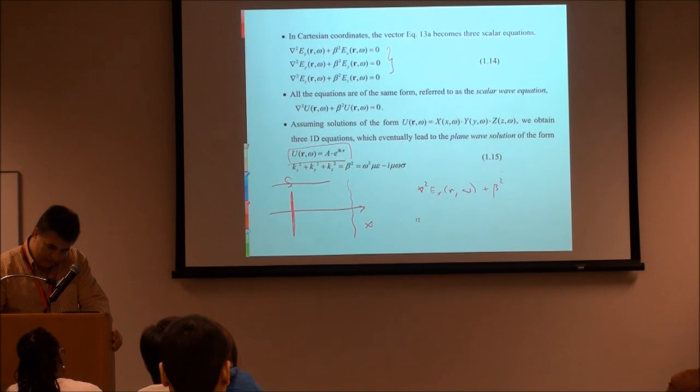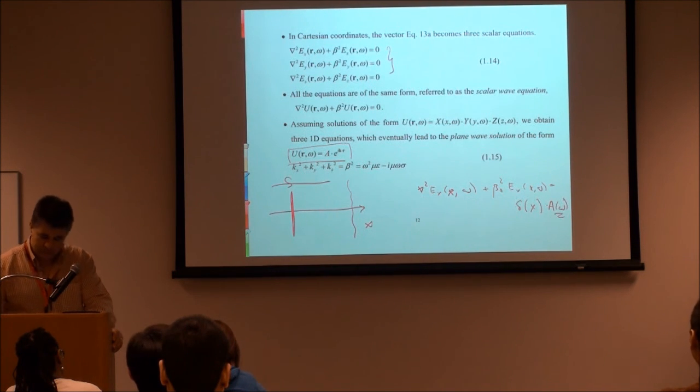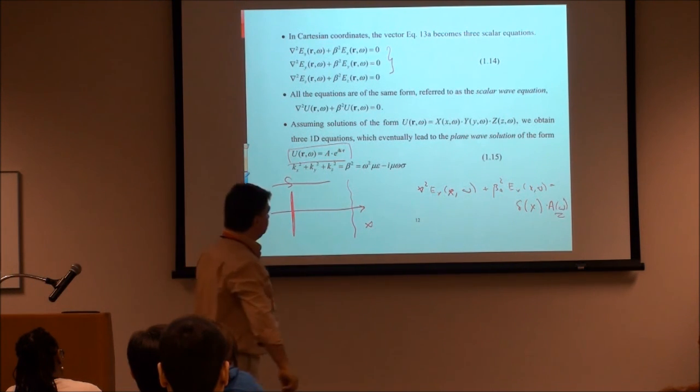Let's say we're in vacuum, so this is beta naught. There is no R or omega in it. E of X, we're in one dimension, X and omega, equals a delta function in X, and maybe some kind of function of spectrum if I want to be more rigorous.